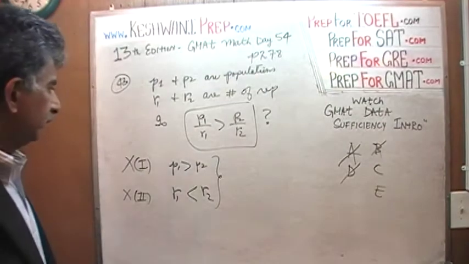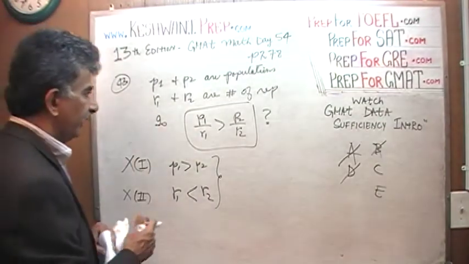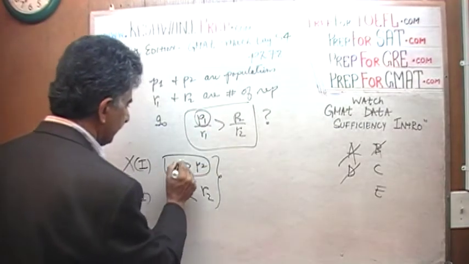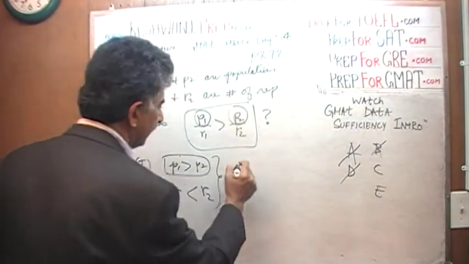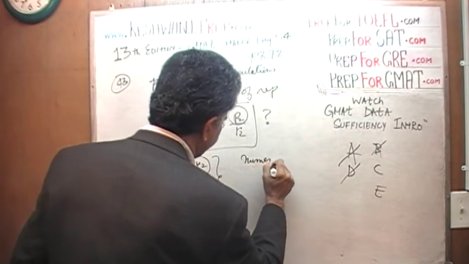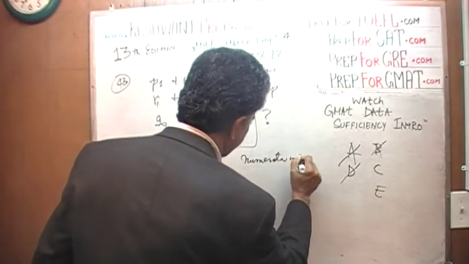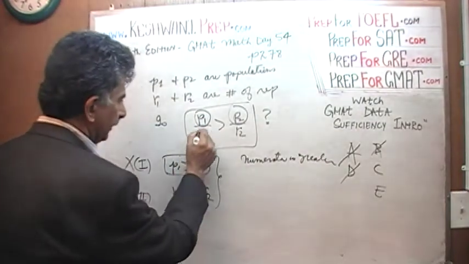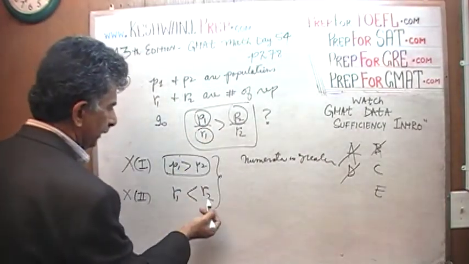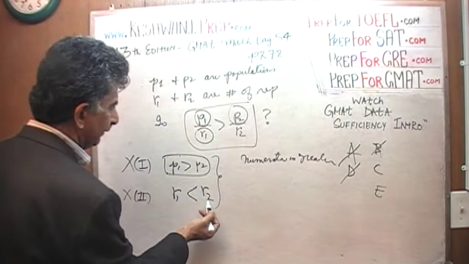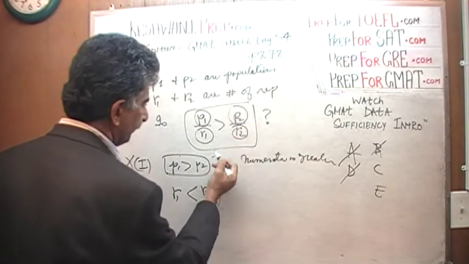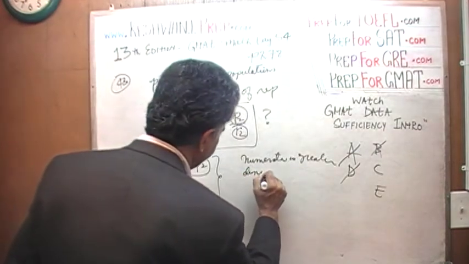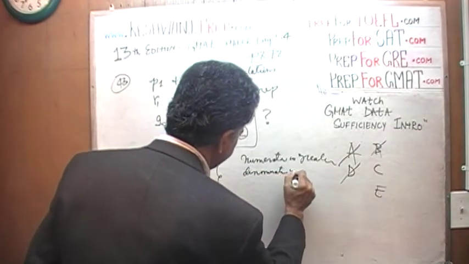If we put them together, what we find here is that the first statement tells us that P1 is greater than P2. That tells us that the numerator is greater for this ratio here. And here R1, we are told, is less than R2. So the denominator is smaller.